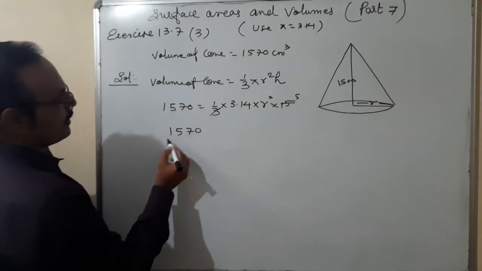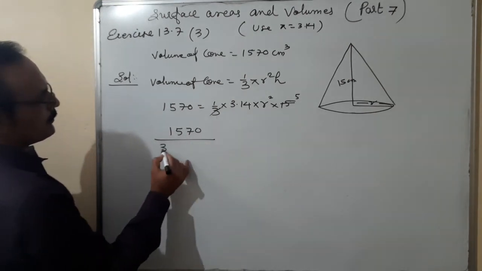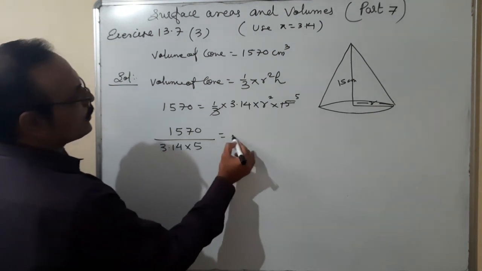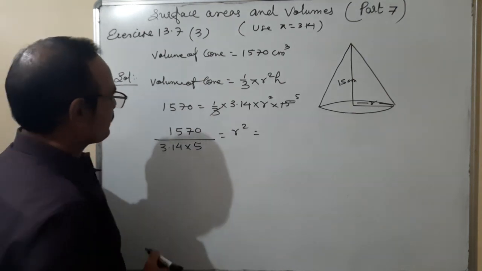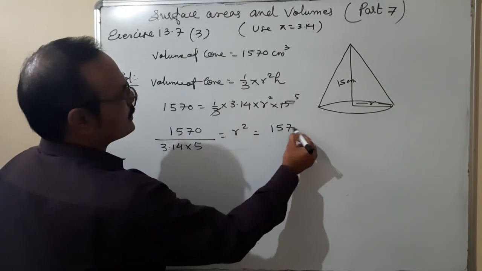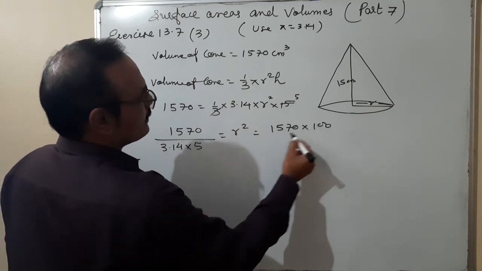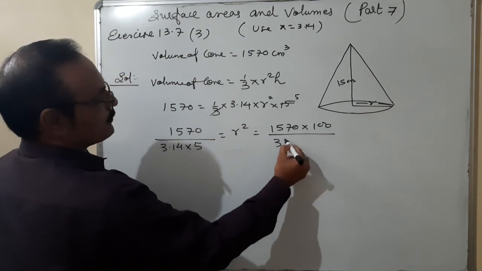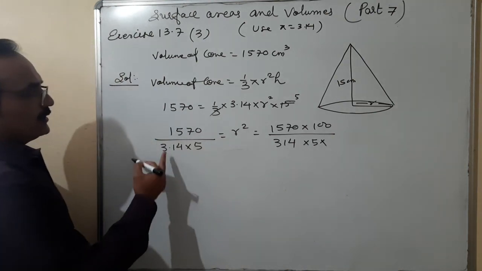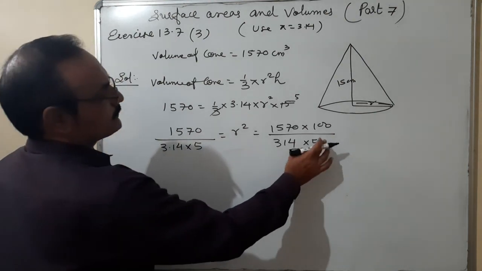So 1570 upon 3.14 multiplied by 5 is equal to r square. Now what happens when you remove the decimal from here? 1570 multiplied by 100 upon 314 into 5.